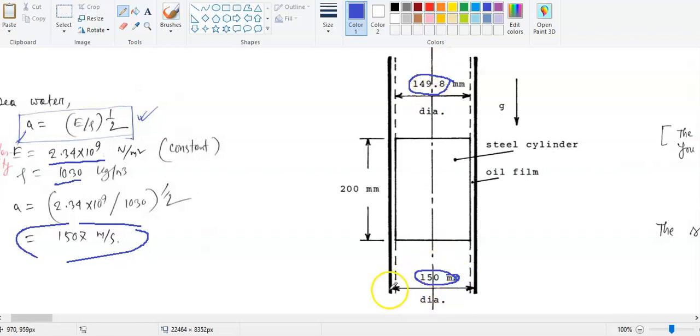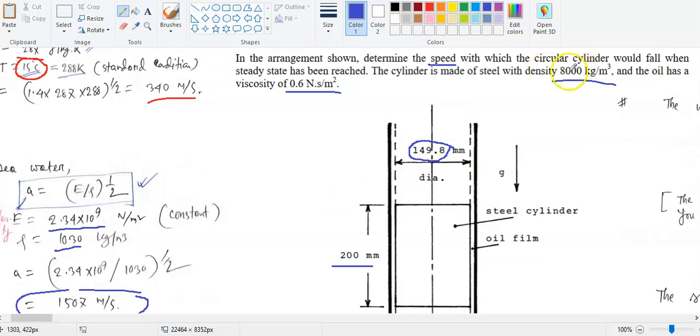So you see this is 150 millimeter from here to here, and 149.8 from here to here. So that means we have a 0.2 millimeter oil film. This is the oil film and the cylinder is falling this way. So gravity is acting this way, and the length of this cylinder is 200 millimeter.